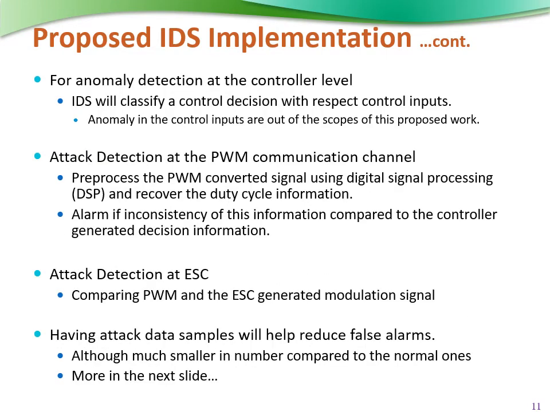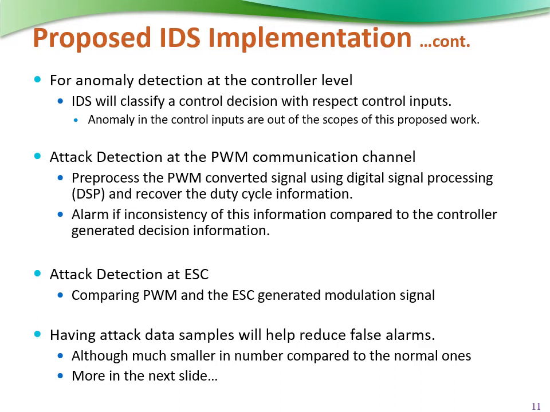Our three layers of intrusion detection system will work by comparing their respective behavior. At the controller level, our anomaly detection will classify good and bad, considering a control decision with respect to control inputs. At the PWM communication channel, the attack detection will consider inconsistency of the PWM information with respect to the controller generated control commands, and we'll use digital signal processing to recover duty cycle information.